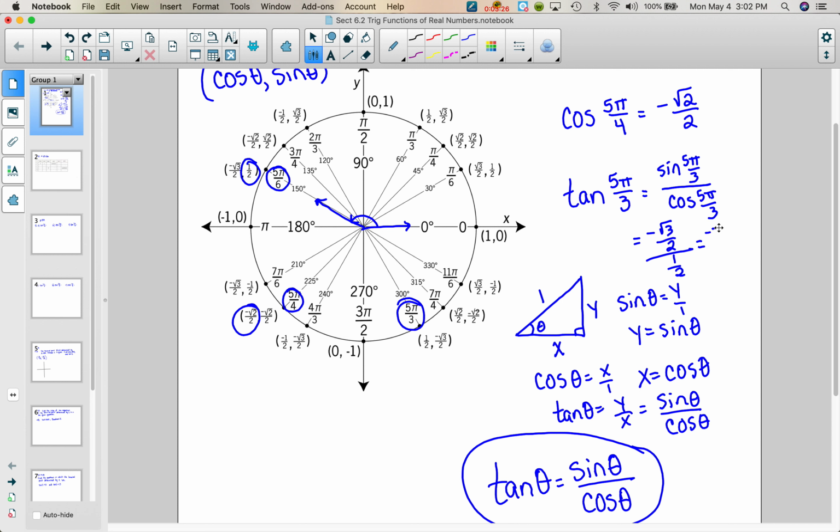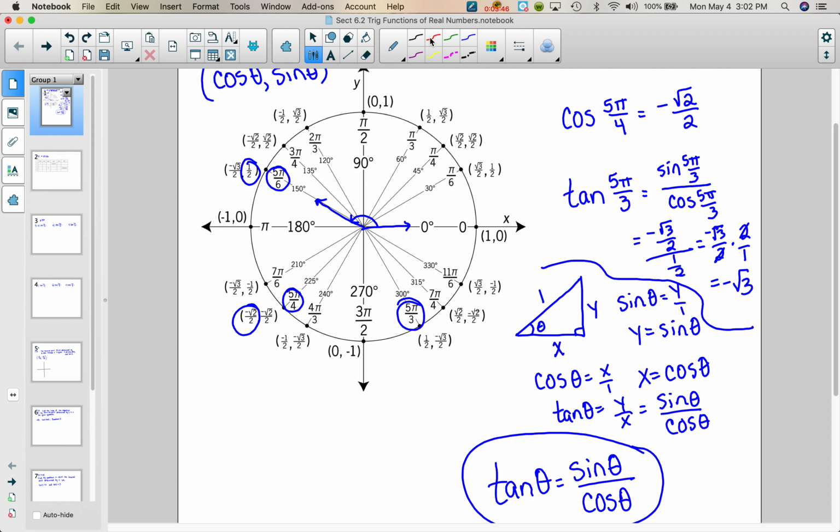Remember, when you divide by a fraction, you change it to multiplying by the reciprocal. So dividing by 1/2 is the same as multiplying by 2 over 1. The 2's will cancel, and you get negative root 3. And this would be your answer for tangent 5 pi over 3.